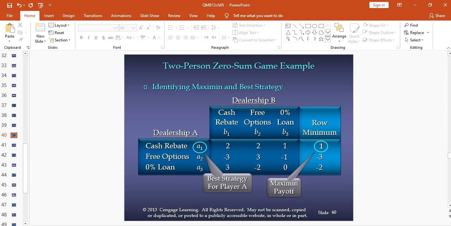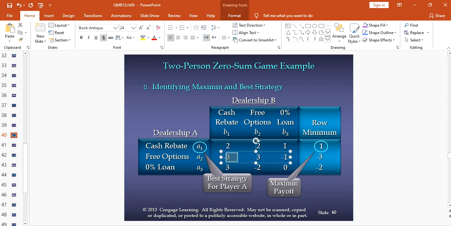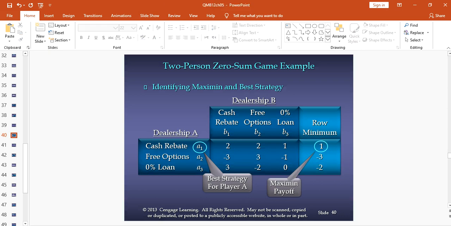The minimum of this 2, 2, 1 is 1. The minimum of this row A strategy, A2 strategy, is -3, and this strategy A is -2. Now, the highest minimum is 1.